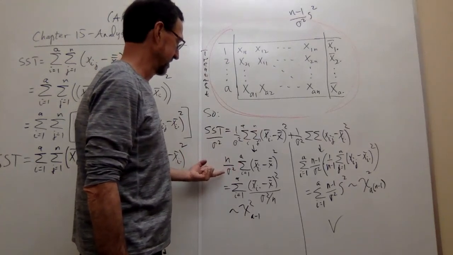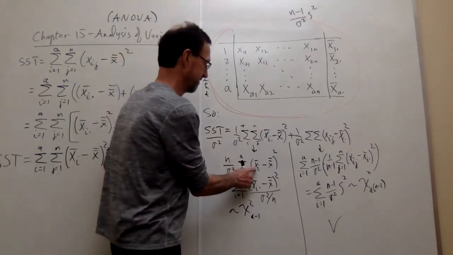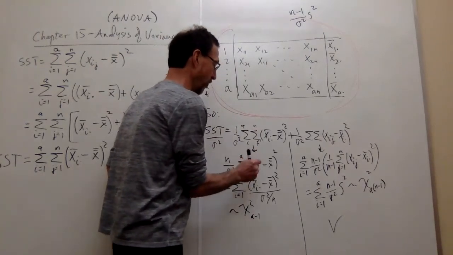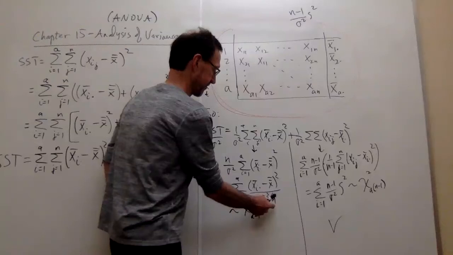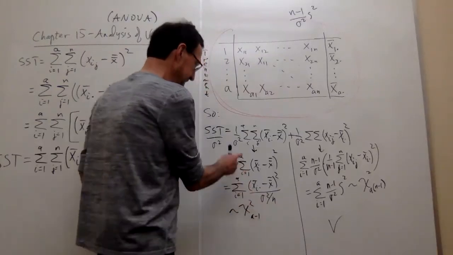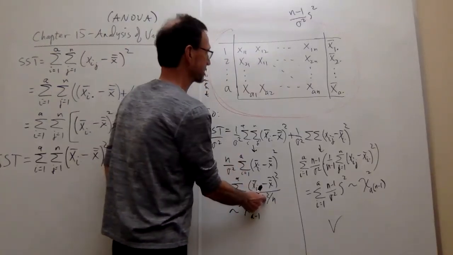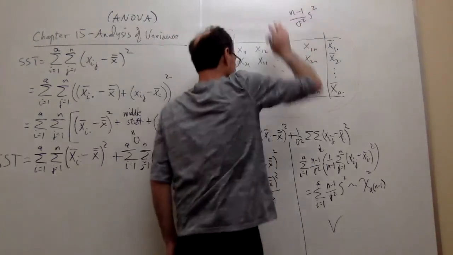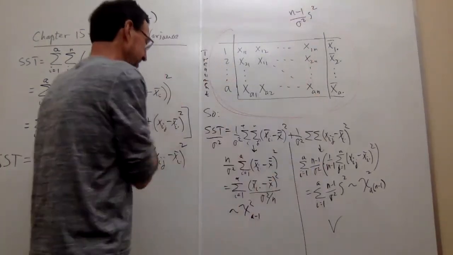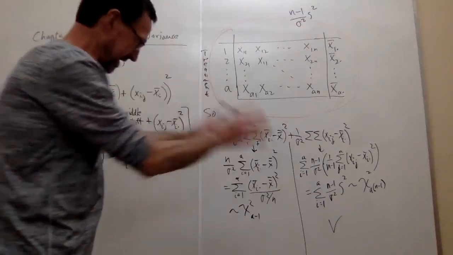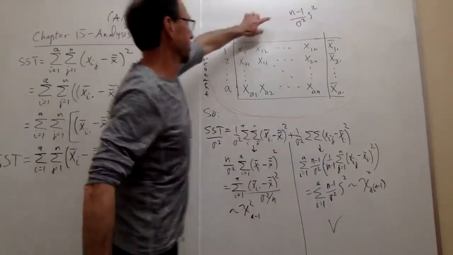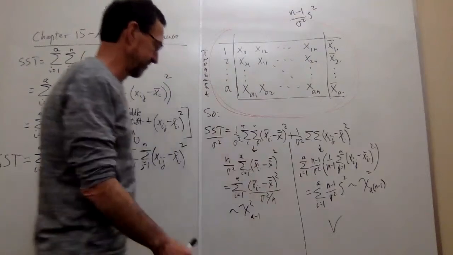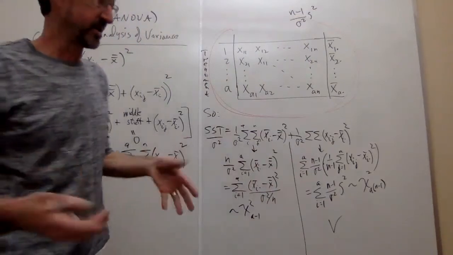And we get, the variance of xi bar is sigma squared over n. So the n that we get here, we can incorporate as part of the variance. It's part of that sigma squared in the overall chi-squared thing, and then we multiply and divide by a minus 1. So we get s squared on the inside, we get the a minus 1 on the outside. Perfect. We have a chi-squared random variable with a minus 1 degrees of freedom.